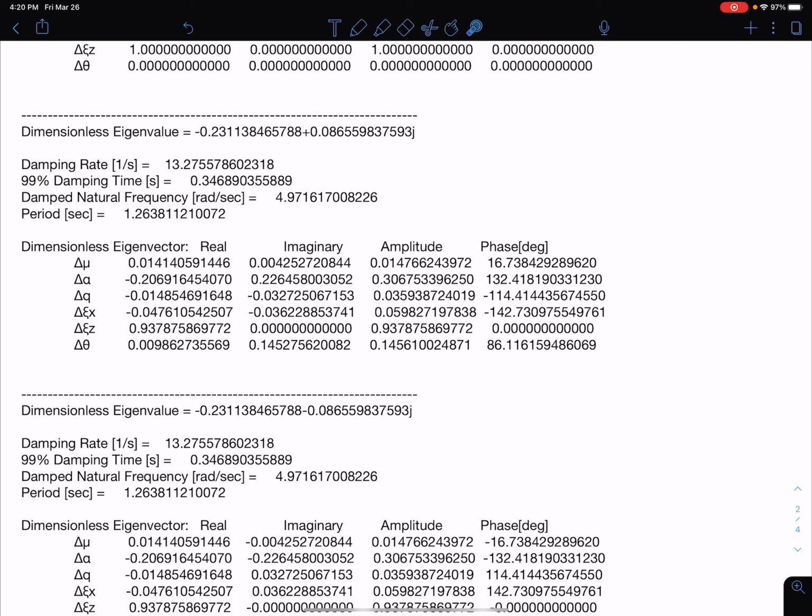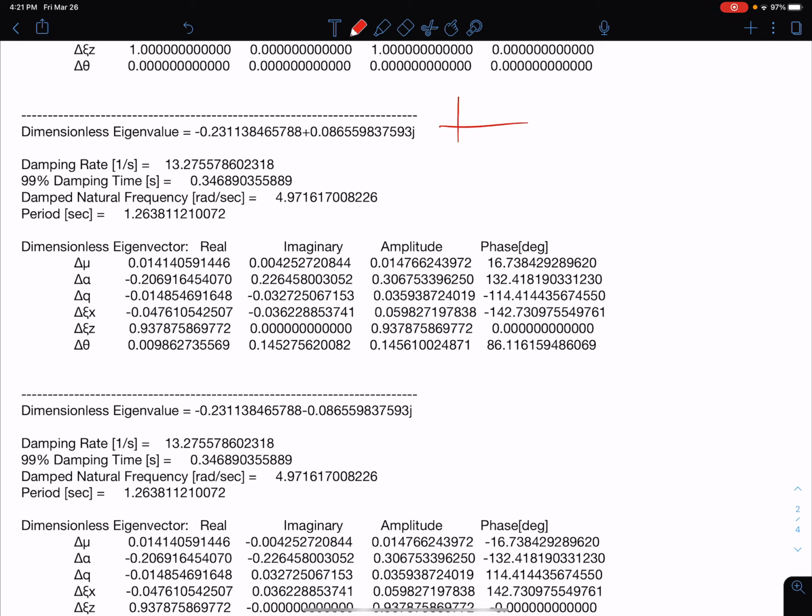That damping rate is hard to know what it means as a number itself, but from that we can compute the 99% damping time in seconds. So this says that this mode damps out in 0.35 seconds, right? So really quickly. It has a damped natural frequency of about 5, which gives it a period of about 1.3 seconds. So this mode has a period of 1.3 seconds.